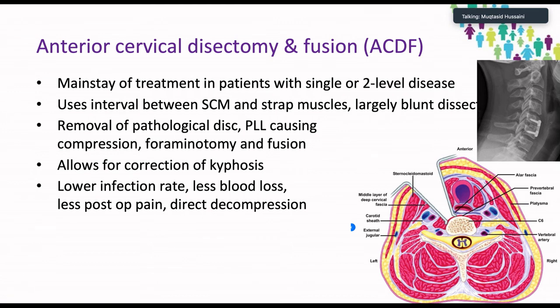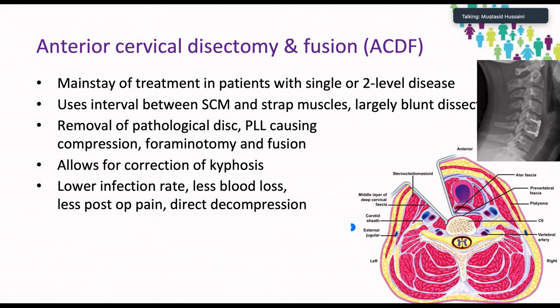The posterior longitudinal ligament, which is causing compression, is also removed at the level of the compression. A foraminotomy can be done if there's nerve root impingement at the same time, and then a fusion is carried out, usually with the use of a cage with bone graft and a plate anteriorly on the vertebral bodies.